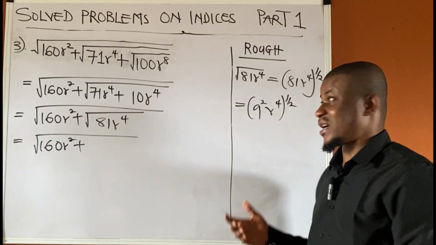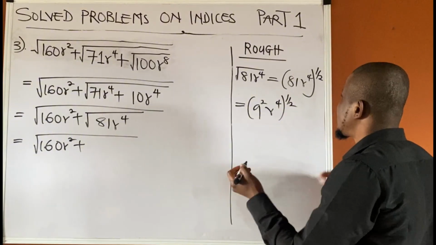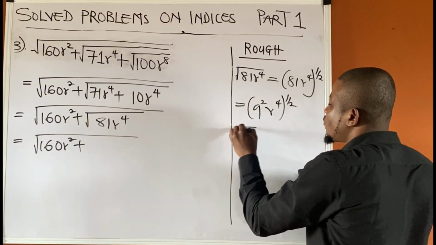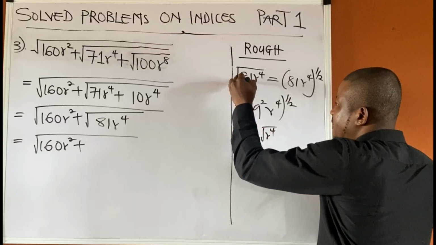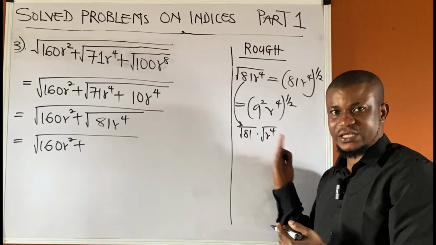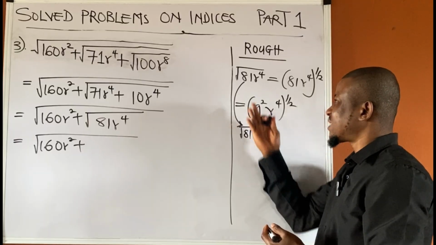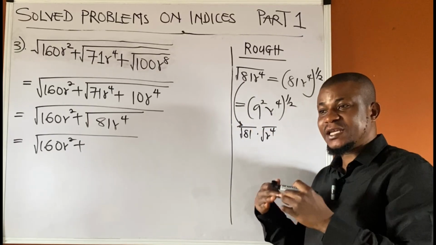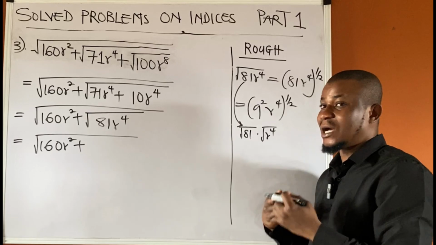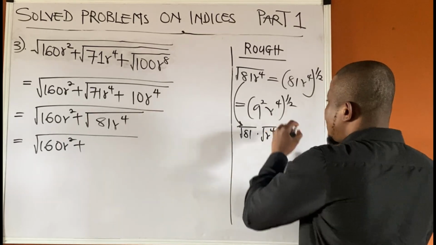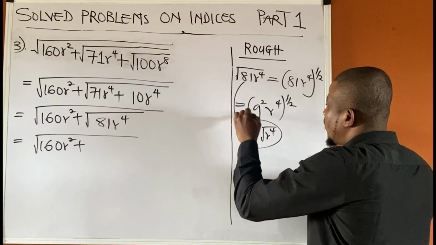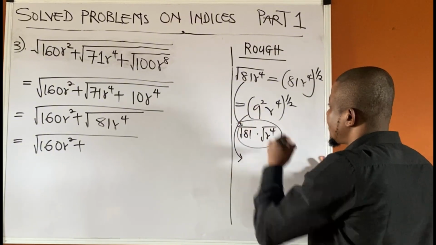Now, there are several ways we can simplify this. Some persons could say this is root 81 times root r to power 4 from this point. But I don't want to go through this process. I want to simplify this whole problem by breaking these numbers down to their index form instead of just solving directly. Okay, so let's come back here from this point.